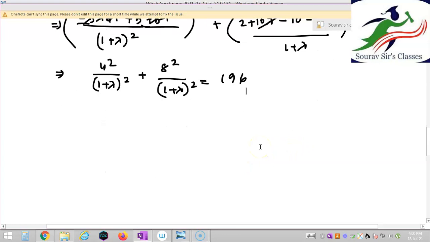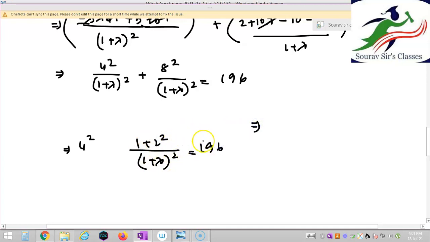So taking 4 square common from the numerator, I can write 4 square into (1 plus 2 square) by (1 plus lambda) whole square is equal to 196. From this I can say 5 by (1 plus lambda) whole square is equal to 49 by 4.